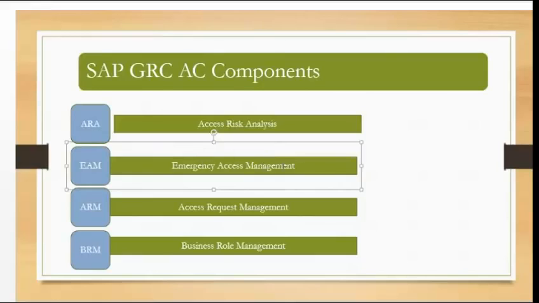What happens in Emergency Access Management is, if we have to do a certain activity, for example, a month-end activity which is outside our daily activities, we can use that particular transaction in a very, very controlled and auditable environment using Emergency Access Management solution from SAP GRC Access Control.